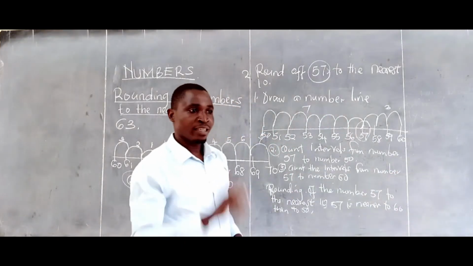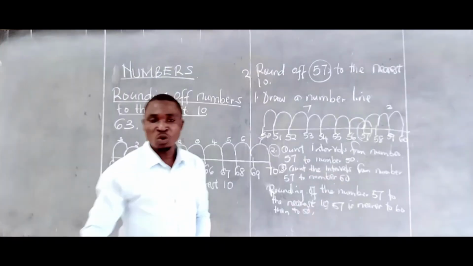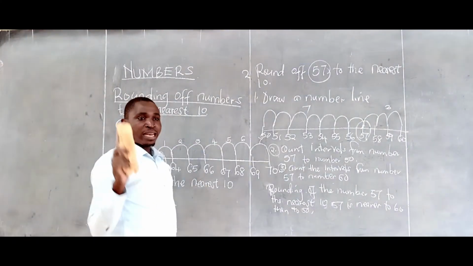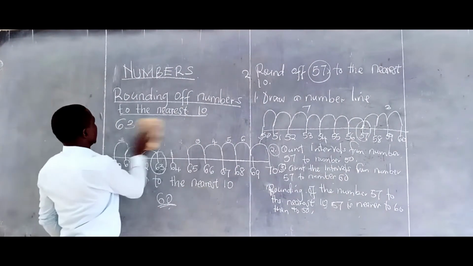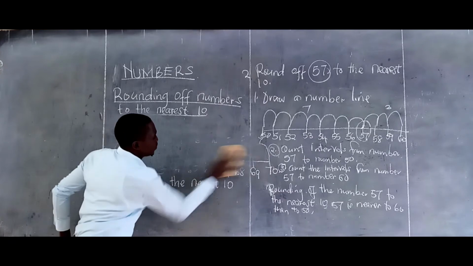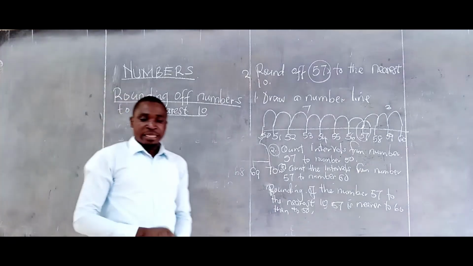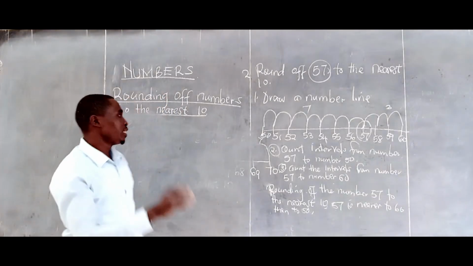Now, learners, the last example that we are going to do, and I'm going to give an exercise for us to do the practice. The last example, we are going to attempt this.